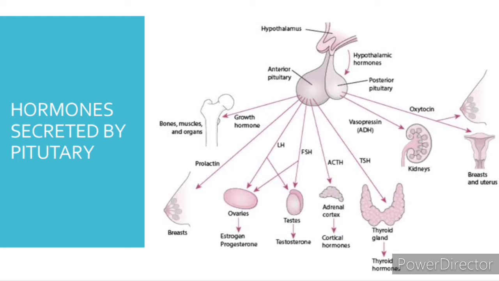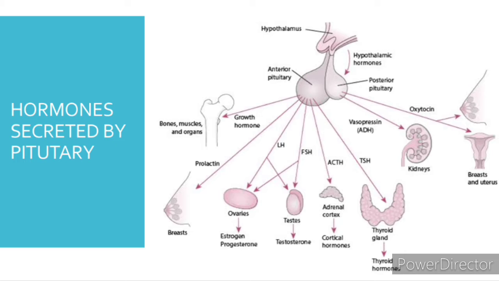Then comes ACTH. It stimulates the adrenal cortex to release the cortical hormones, and TSH stimulates the thyroid gland to release the thyroid hormones, right? And from the posterior lobe of the pituitary, we have two hormones, vasopressin, which is also called ADH, and oxytocin.